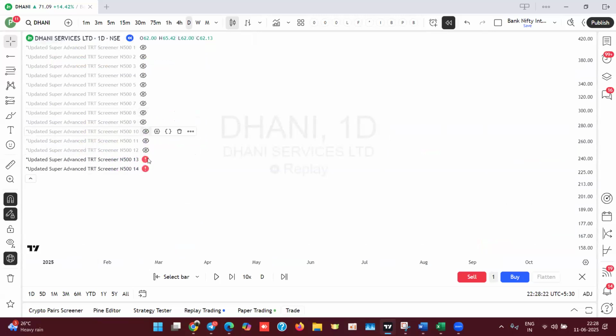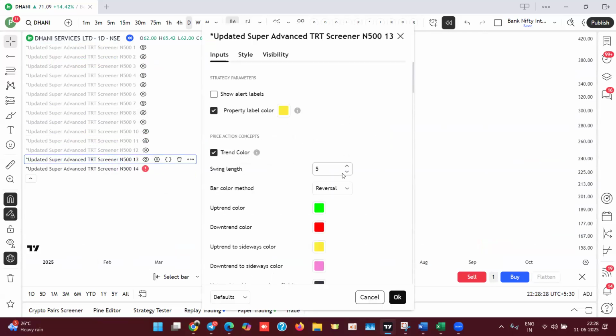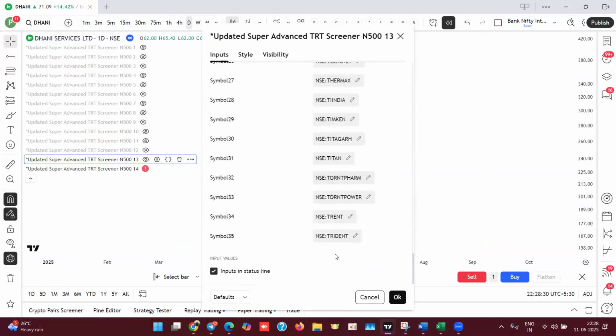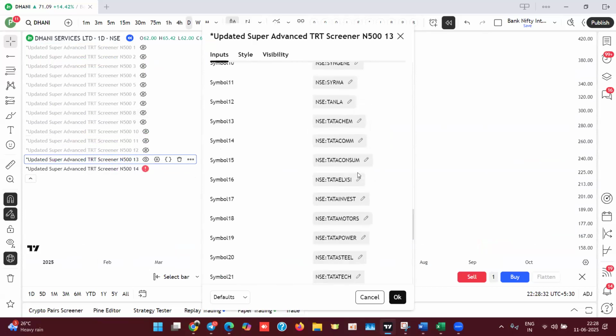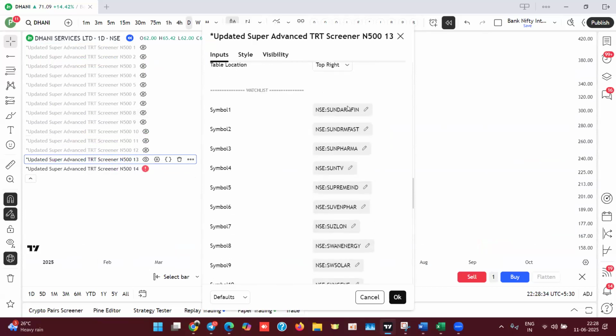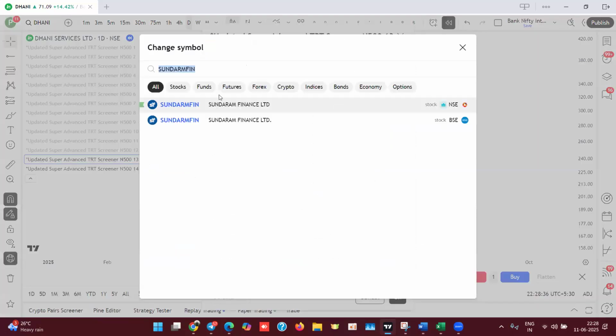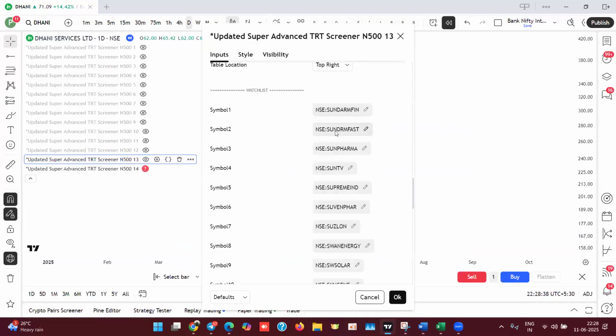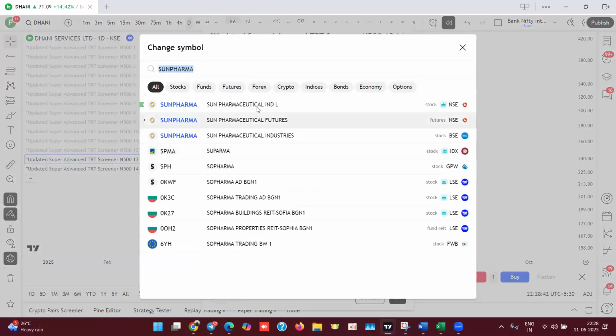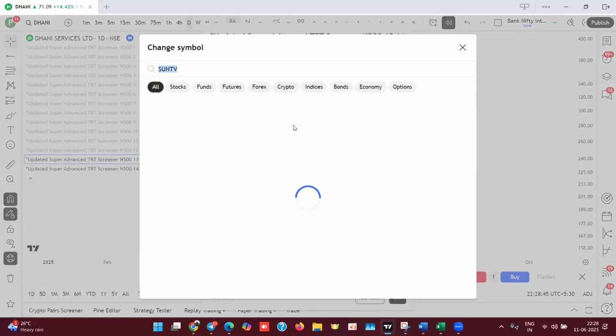And when you see this red, that means there is some invalid symbol. Sometimes they keep changing symbols, therefore this happens. You can change the symbols here and it will be all right. If you click here, it will show the stock names, and this way you can check which one is not appropriate.